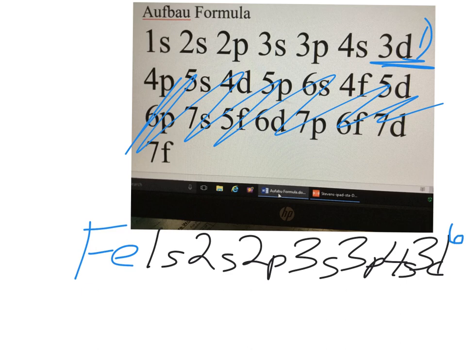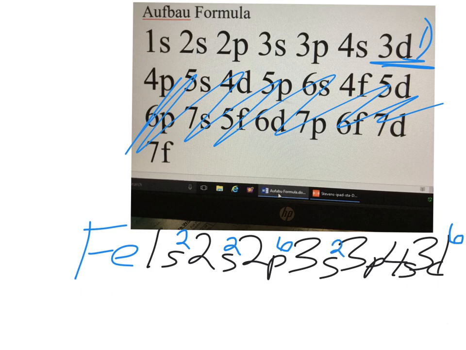Okay, so now you're going to go back to the entire configuration, and 1s is going to have how many electrons? 2, very good. Then the 2s? Then the 2p? 6, very good. Then the 3s? 2.